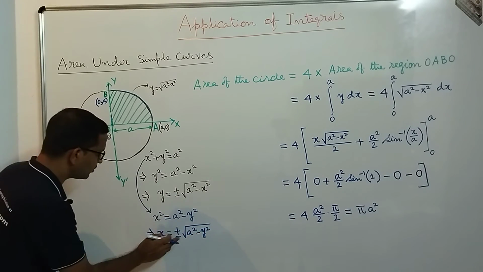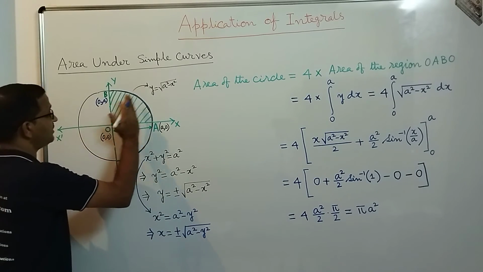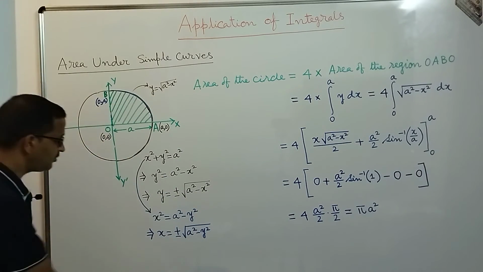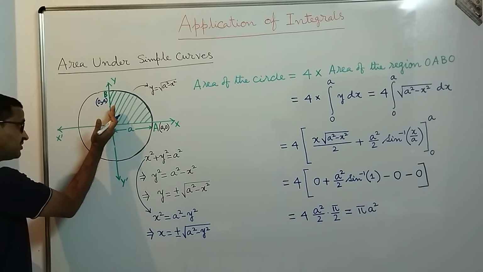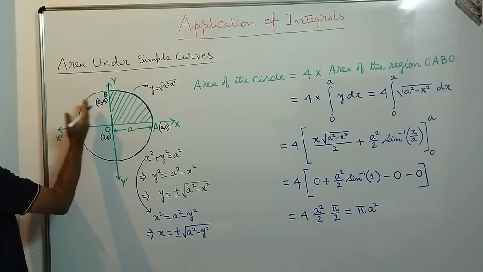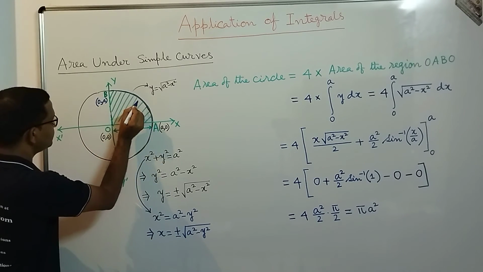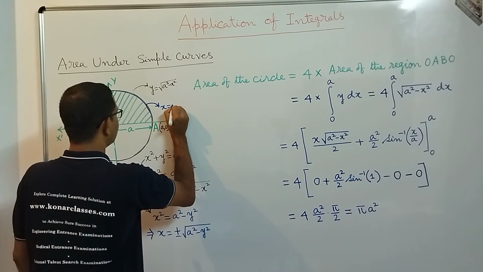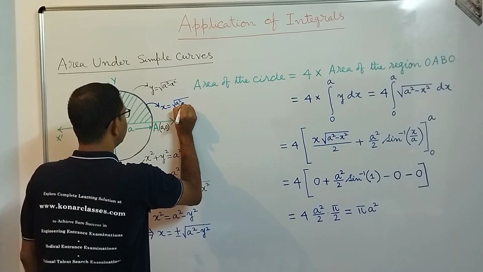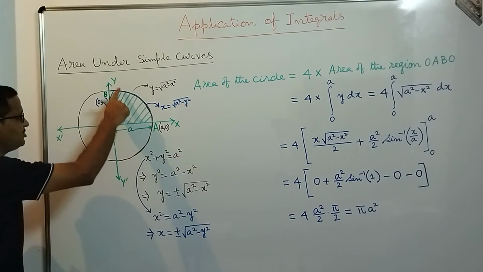Now we will consider x as plus square root of a square minus y square when we consider the right of the y axis, and we will consider x equal to minus square root of a square minus y square when we consider the value of x left of the y axis. Now we are considering the right of the y axis, this portion. So the same curve we can write as x is equal to square root of a square minus y square. So then what will be the area of this region?